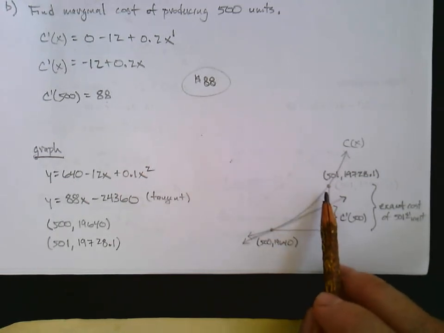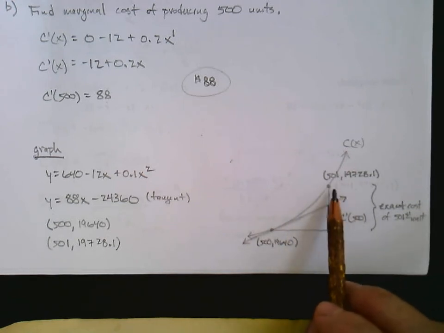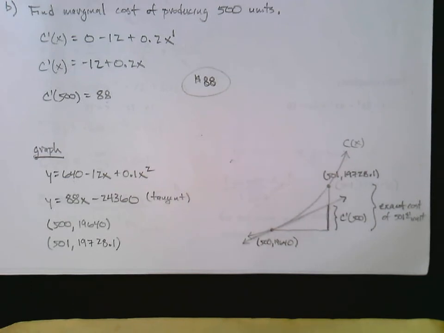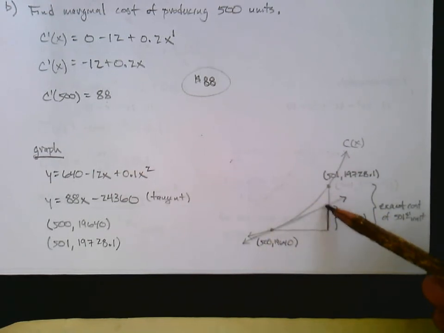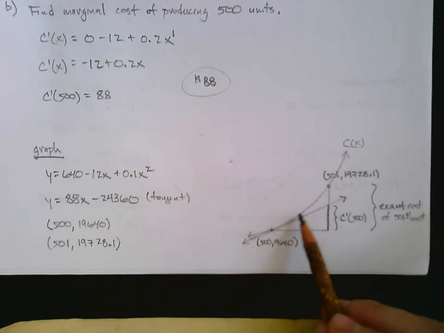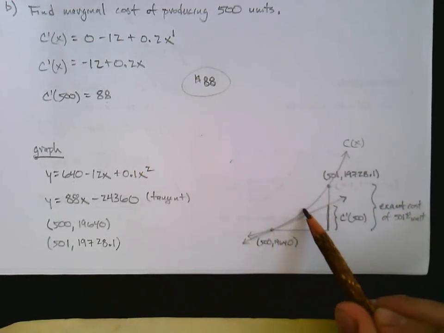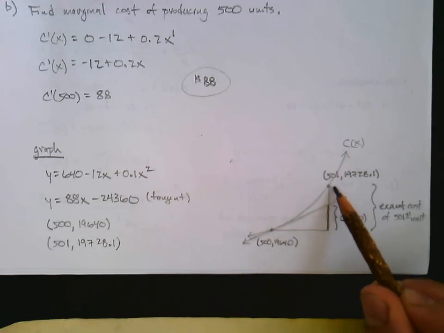So now there's a little error here, right? We're hoping to approximate the cost of that last unit. Well, the cost of that last unit is that total distance, right? We went over 1 unit. The total distance is the 88.10. Well, the tangent line, and it's not to scale, obviously, the tangent line came very close to this number. It should probably actually be like right under it.